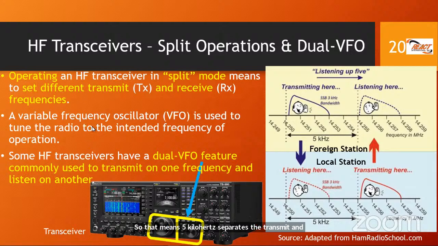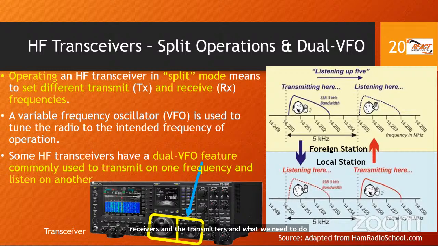So we need to know what a VFO is because we're talking about dual VFO, variable frequency oscillator. What that really is, is the knob on your radio, right? When you turn that dial or the tuning knob, that's your VFO. Remember we talked about the receivers and the transmitters and what we need to do to receive a different frequency.